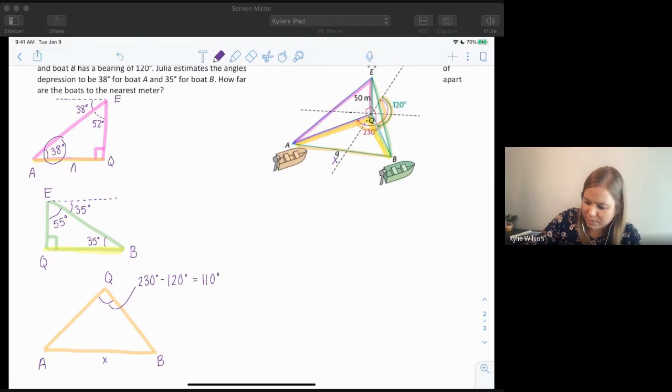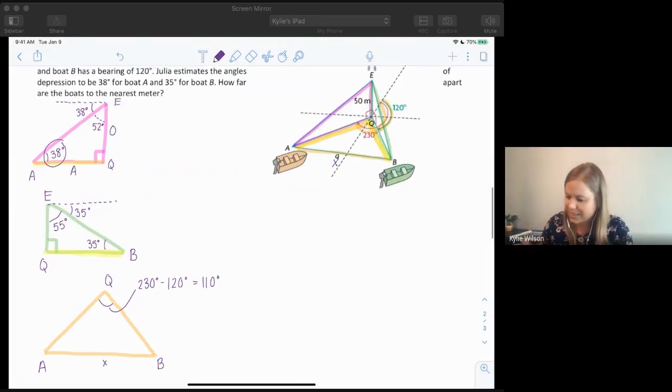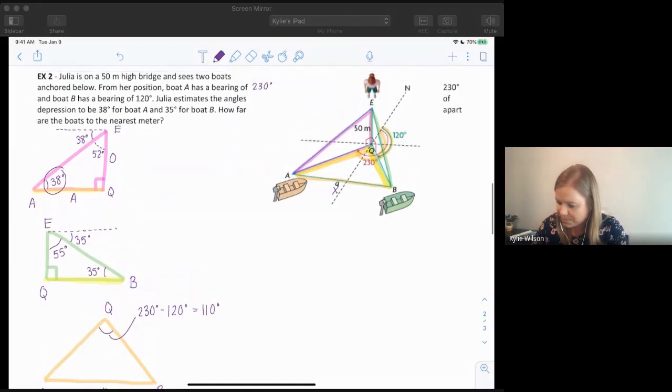This is my adjacent side. This is my opposite side, like that. And now I have to make sure that I put my height of my cliff. I realized I forgot to put that in there. Sorry. And now we have opposite, and we're looking for our adjacent here, which I will call y.